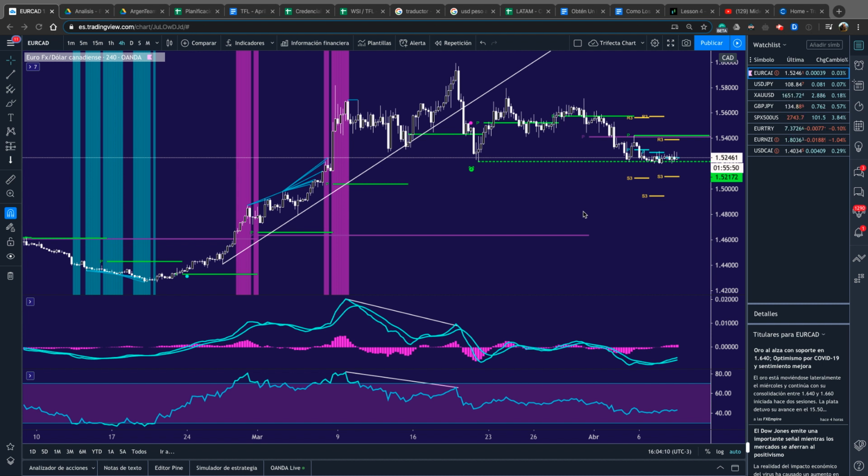So we have here in our charts the Euro Canadian, and the Euro Canadian had a really strong upwards trend. After this huge divergence within MACD and within RSI, we had a break of this trend, and the market starts to show its will of a downward movement.